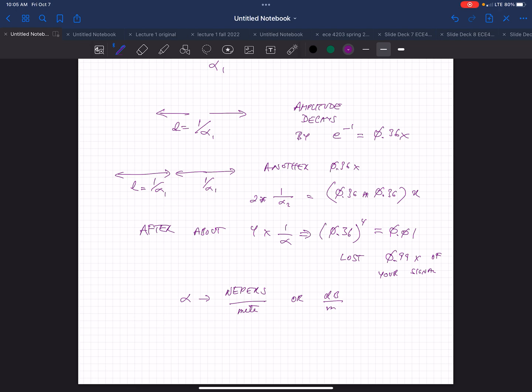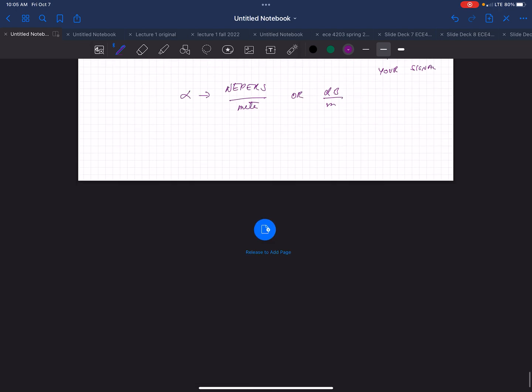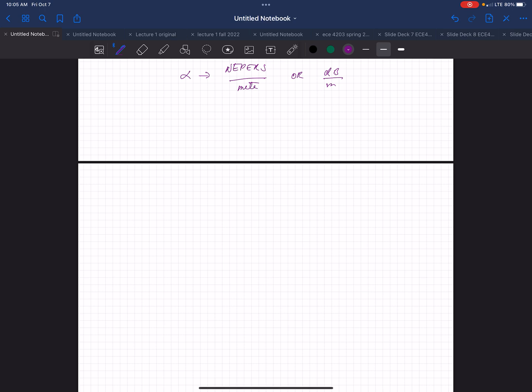The main thing about lossy transmission lines that you should remember, well, let me see if I have a summary. Okay, so let's summarize here. Conclusion. In a general case, we have all of L, C, R, and G as transmission line coefficients.